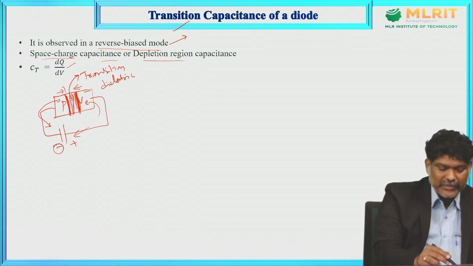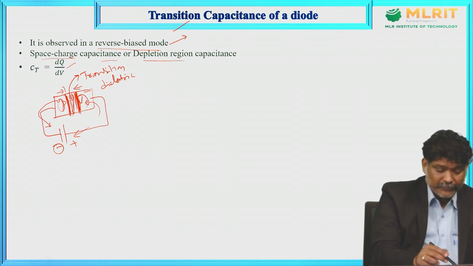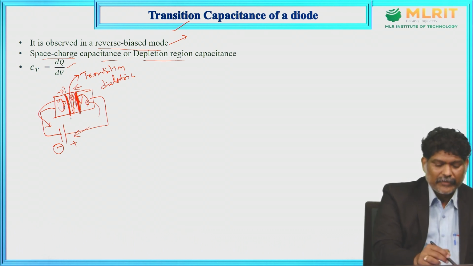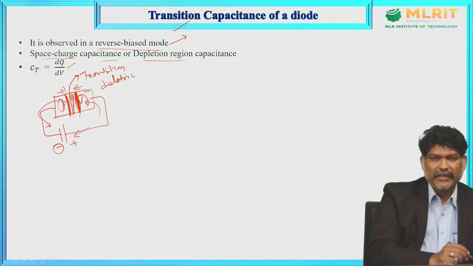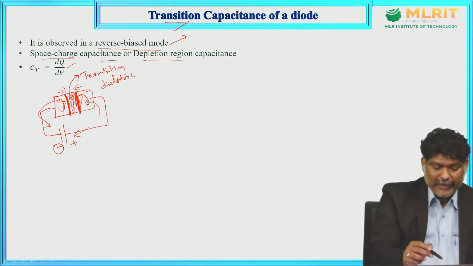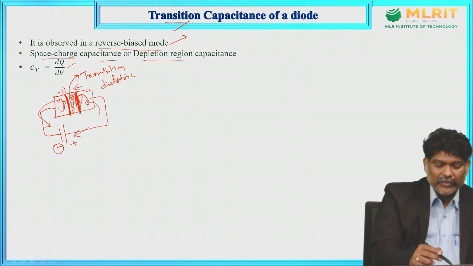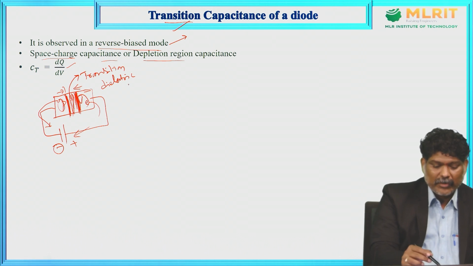The space charge region between the P type conducting material and the N type conducting material can be viewed as a capacitance. So the PN junction acts like a capacitor. This kind of capacitance in the PN junction diode is called transition capacitance, because the electric field is developed at the junction, at the transition region.